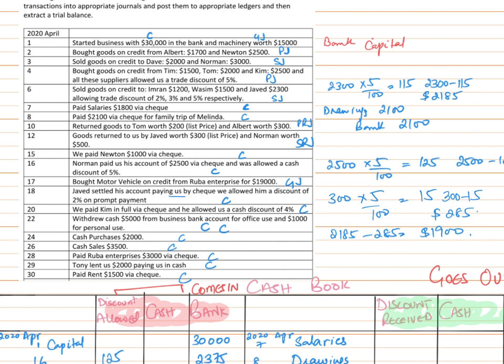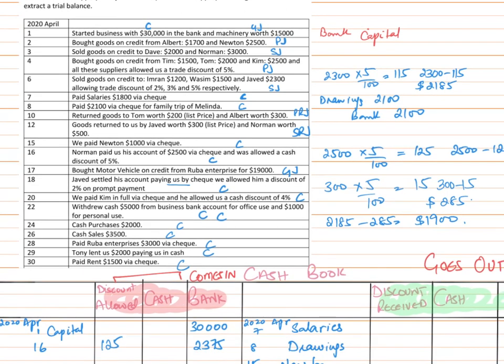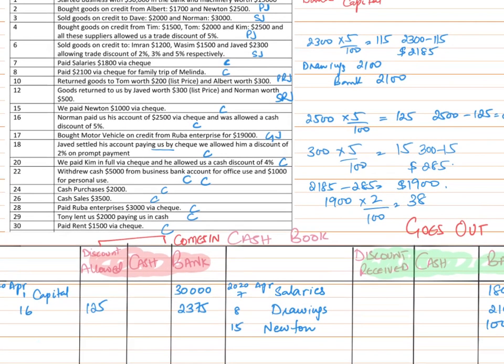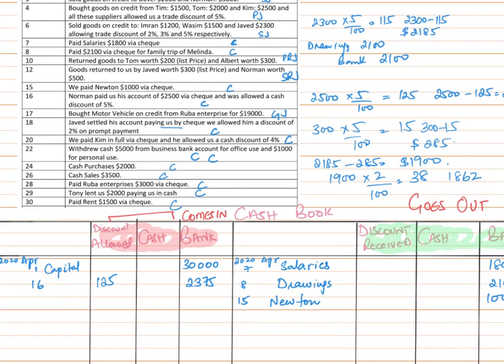Javed settled his account paying us by check, and we allowed him a cash discount of 2% on prompt payment. So he had to pay 1900, but we allowed him a discount of 2%. If you multiply 1900 by 2%, it will be 38. So he paid 38 less, and if I subtract 38 from this, it becomes 1862. So he paid us 1862.